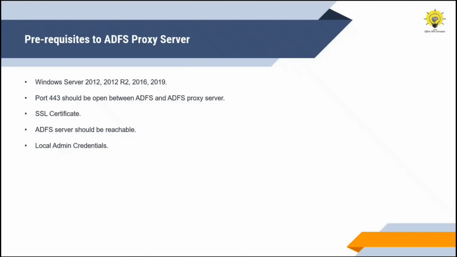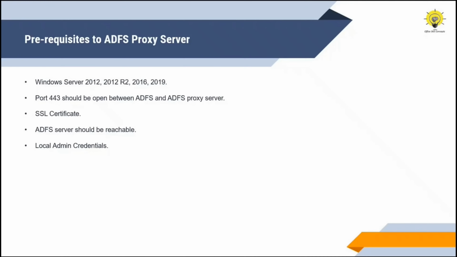Now let's talk about the prerequisites that need to be met before we deploy ADFS proxy server. You can install ADFS proxy service on Windows Server 2012, 2012 R2, 2016 and 2019. Port 443 should be opened between the ADFS server and the machine on which you are going to install ADFS proxy service.